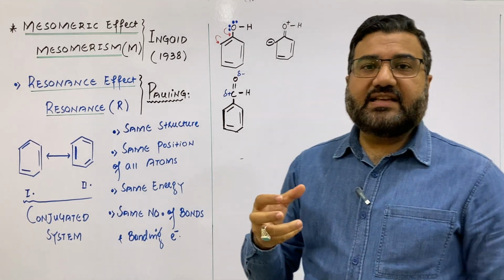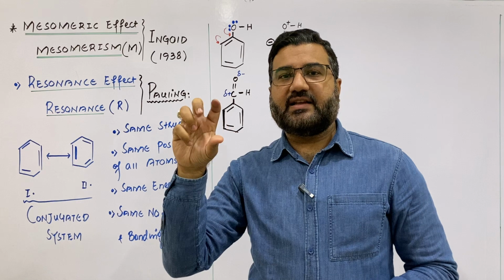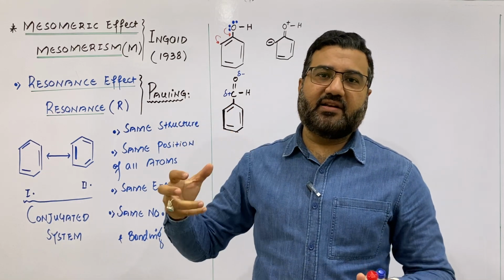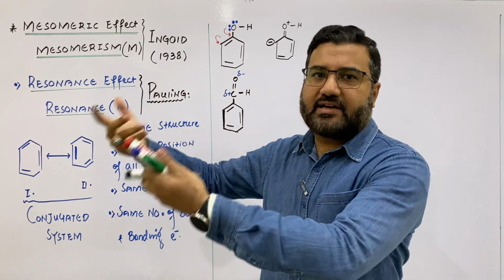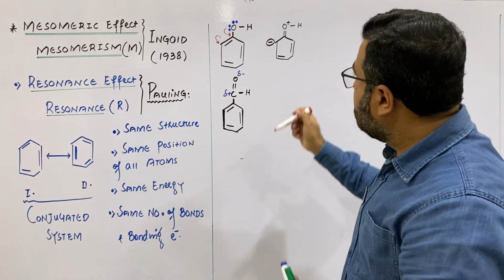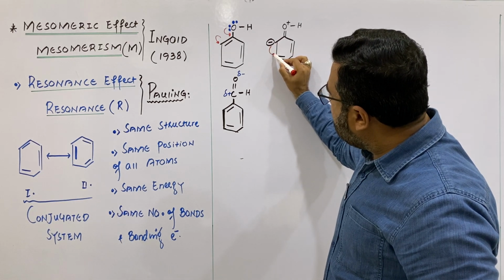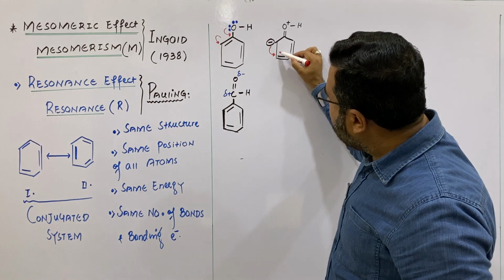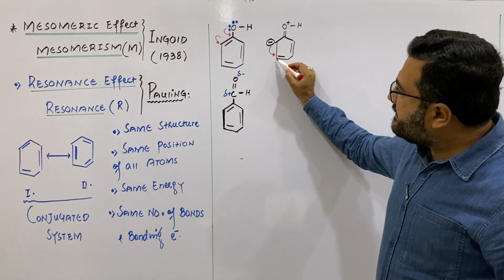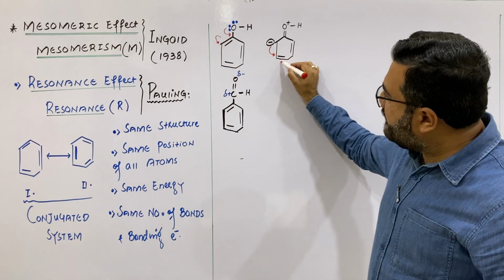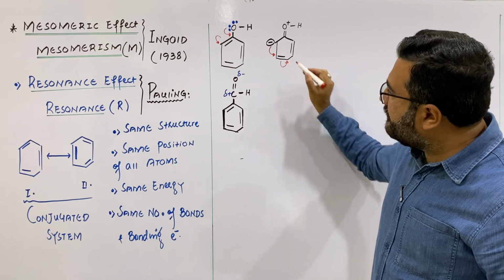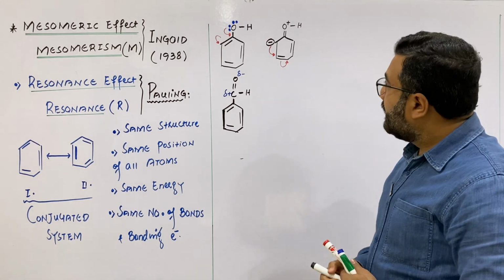Now, the charge is a burden. Keep this sentence in your mind: charge is a burden and every atom wants to throw that burden. So this carbon will like to throw its negative charge and it will use the two electrons to form a pi bond here. And as this carbon can form only four bonds, it will have to shift its electrons to the next carbon. Now, what will happen?